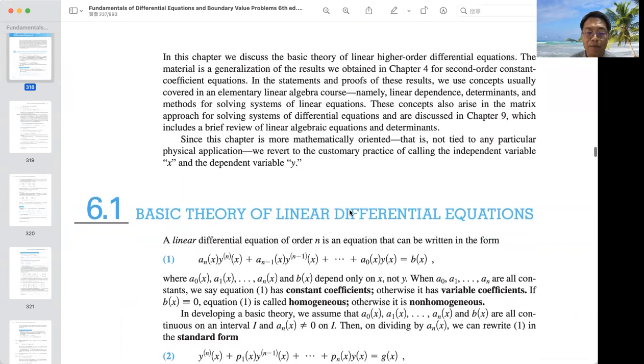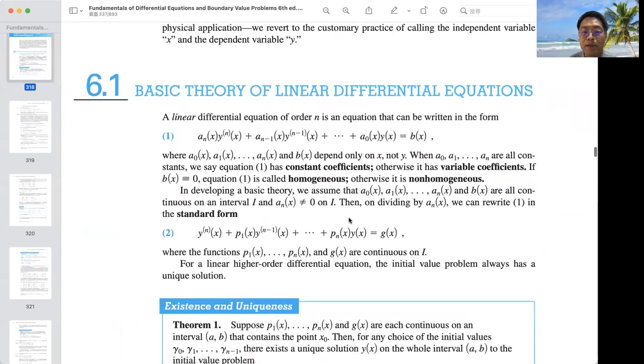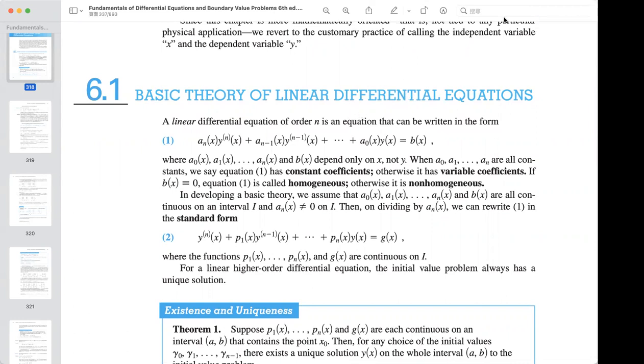So let's start from section 6.1, basic theory of linear differential equations. Linear differential equation of order n. Let me turn on my drawing tool.